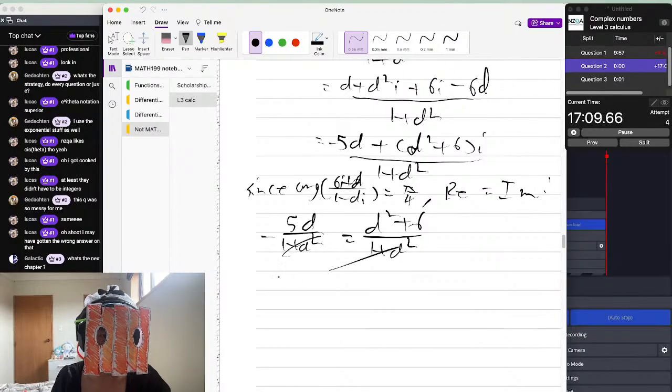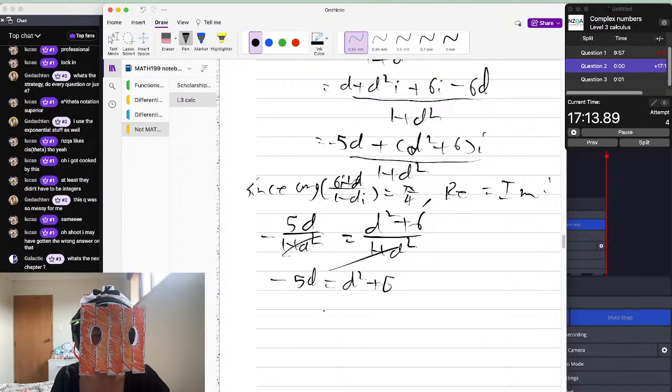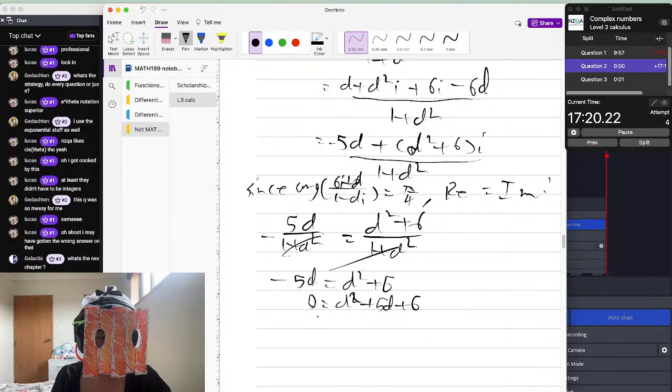And if we cancel on both sides, that's gonna give us 5d squared plus 6 equals d squared plus 5d plus 6.